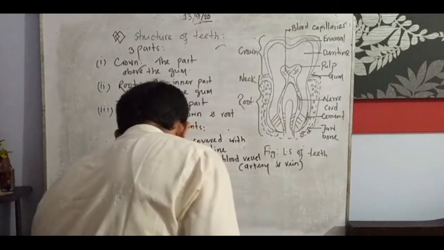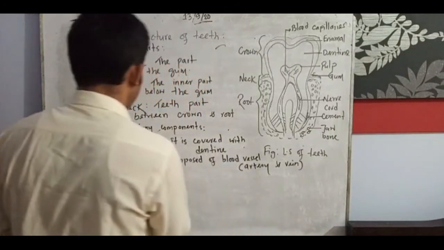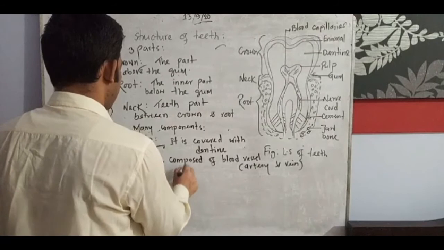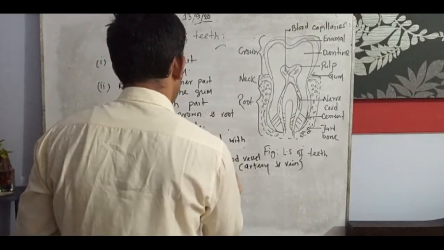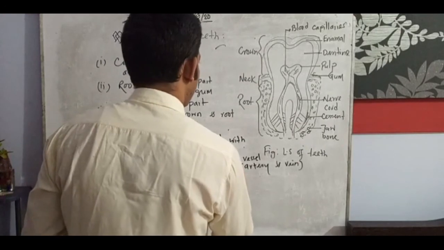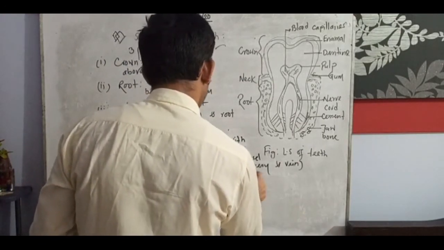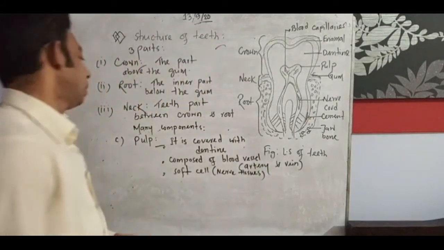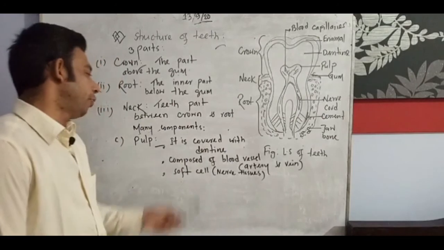It is a soft cell with nerve tissues. Look at here. I have written three very important features of the pulp.